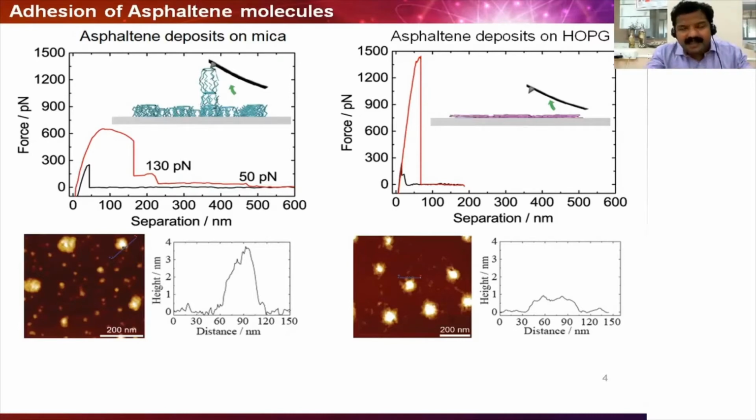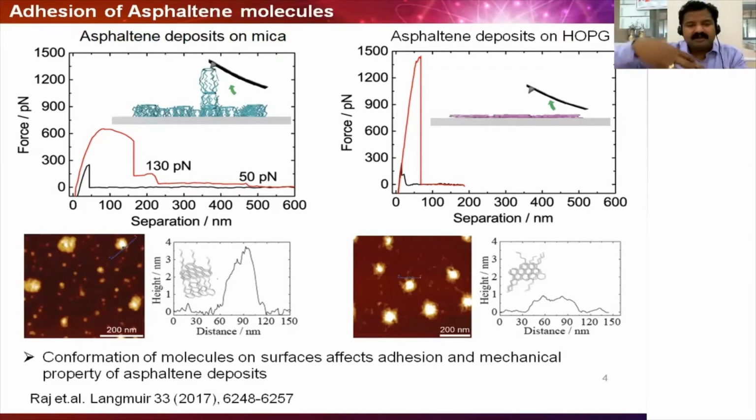The molecules try to have a flattened conformation, with better interaction with the substrate. While mica is hydrophilic, the hydrophobic chains of these molecules tend to form a sort of coil structure or some sort of agglomerate. This difference in conformation on the surfaces has a drastic influence on the adhesion properties of these materials as well as their viscoelastic properties.